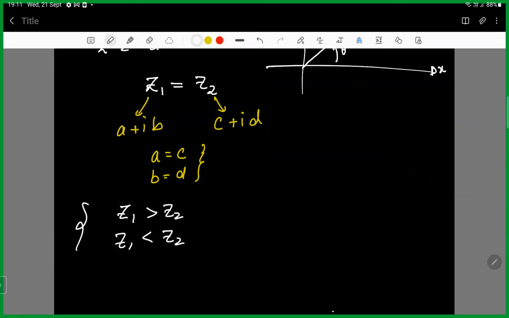Okay, so see, this is nonsense. 9 plus iota 5 cannot be greater than 3 plus iota 2. How will you define it? It cannot be defined, right? Unless you take the modulus, you cannot say one vector is greater than another vector unless you have the magnitude.